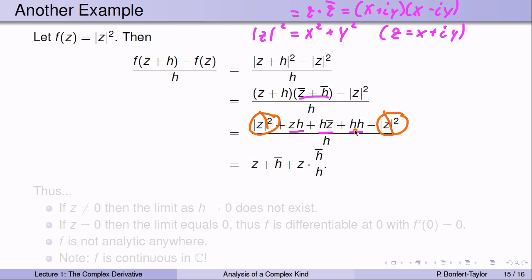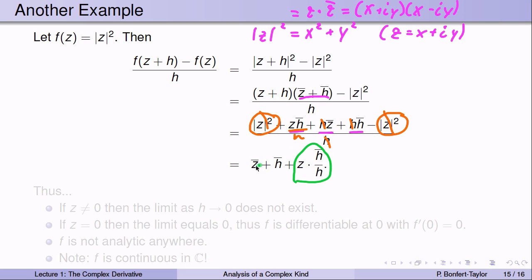The second and the third term have an h in them, so we can cancel out that h. The first term, however, does not have an h, and so we cannot cancel anything out there. What we're left with, therefore, is a z bar from the second term with the h canceled out, and an h bar from the third term with the h canceled out, but a z times h bar over h where the h didn't cancel out.